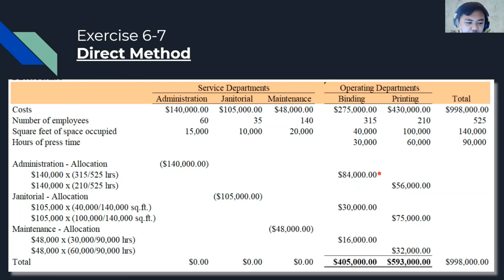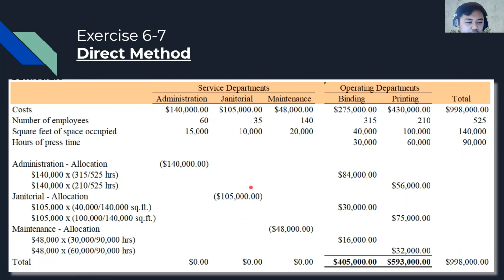For the printing department, the allocation would be 140,000 multiplied by 210 number of employees over 525 number of employees, equal to 56,000.